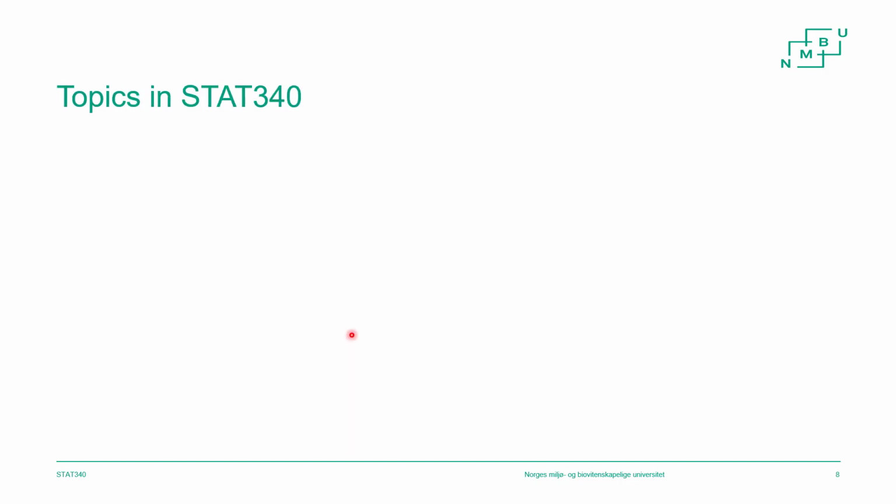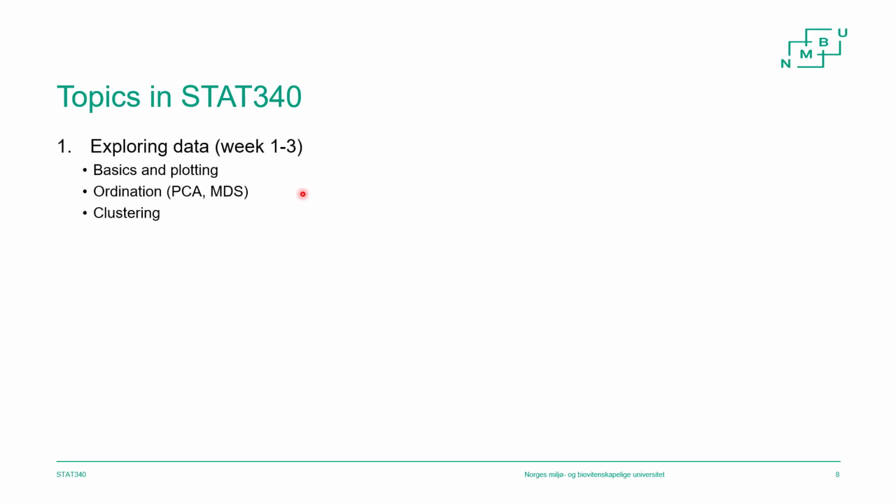The topics we will visit in this course are like in the previous years. I haven't changed them very much. What I have changed is the order of the topics. So the first part I call exploring data, and that's the first 3 weeks. That's today with basics and some plotting. We will not be able to do very much the first week. Then in the second week, I will talk about PCA, or actually ordination as I call it here: principal component analysis, and also a little bit about multidimensional scaling, which is related to PCA.